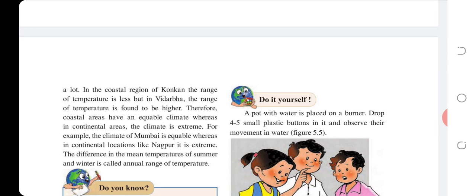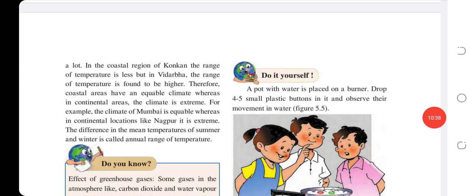In the coastal region of Konkan, the range of temperature is less, but in Vidarbha, the range of temperature is found to be higher.